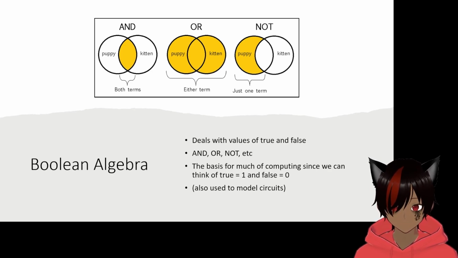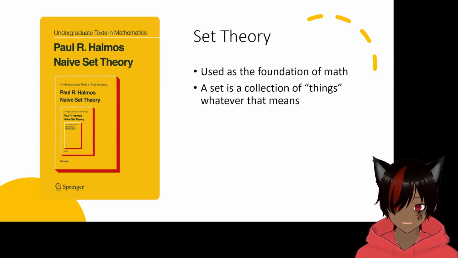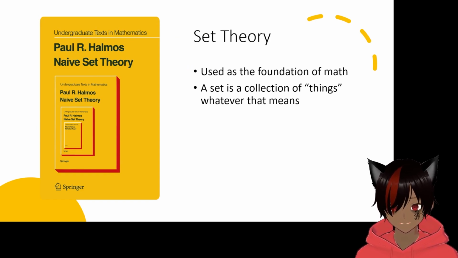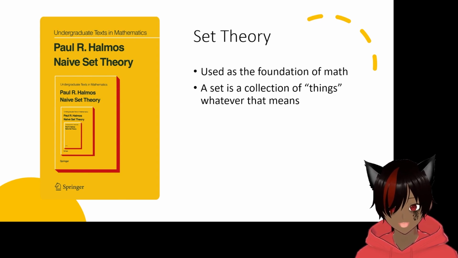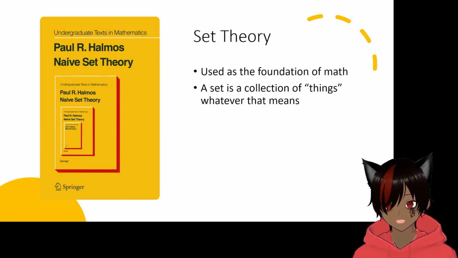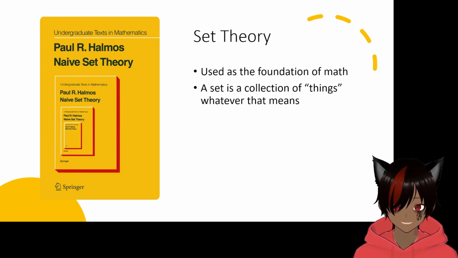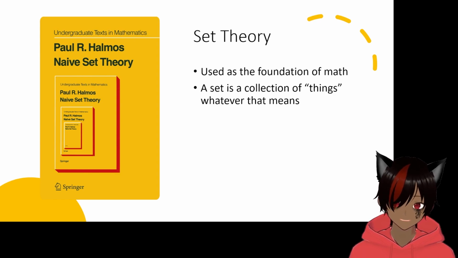So very important. Set theory. Set theory is really interesting because it's the foundation of mathematics to an extent. Set theory is all about the study of what a set is. A set is really just a collection of things. That's what you have it be defined as.